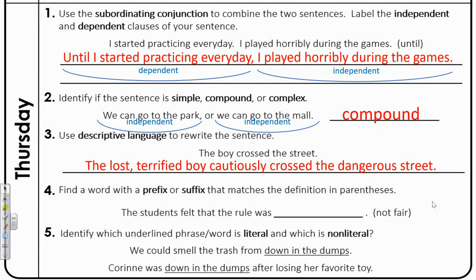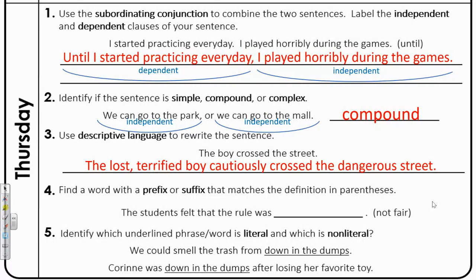So I included lost and terrified. Those were adjectives I used to describe the boy. I also put in an adverb. Do you see it? Yep, cautiously, to describe how he did something. And I included one more adjective, dangerous, to describe the street. So with those 4 additions, I think I made my sentence much more descriptive and interesting.